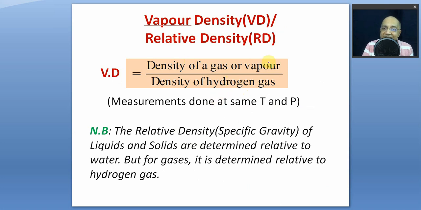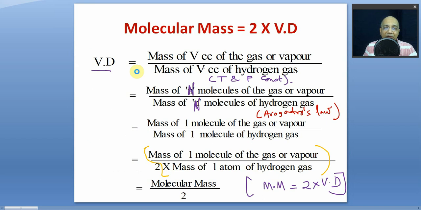If this decreases at a certain temperature and pressure, proportionately the density of hydrogen also decreases. So the ratio always remains constant because it is related to molecular mass. So VD is not going to change with temperature or pressure. VD is a fixed quantity for a particular gas. Once you know that, you multiply by 2 to get its molecular mass.